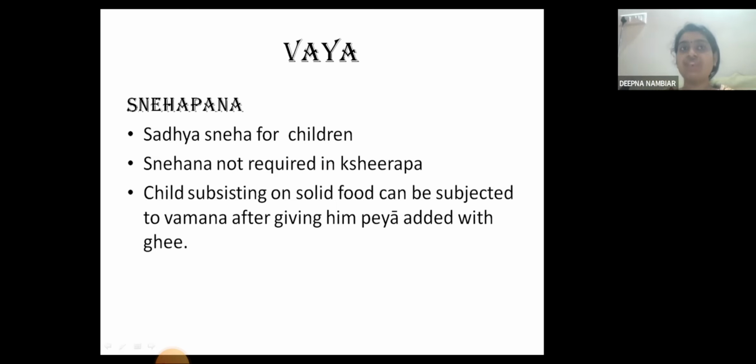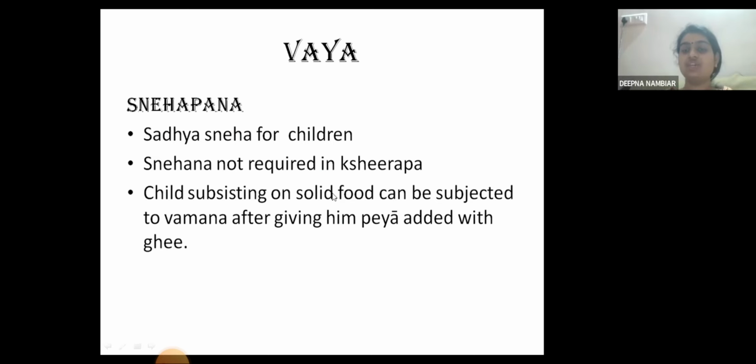If we intend shodhana for the child, we give shodhana to the mother only. Then through the kshira, the child will be free from the disease. The stanya dushti, etc., will be treated like that. So there are different options for selecting treatment methodologies according to vaya.